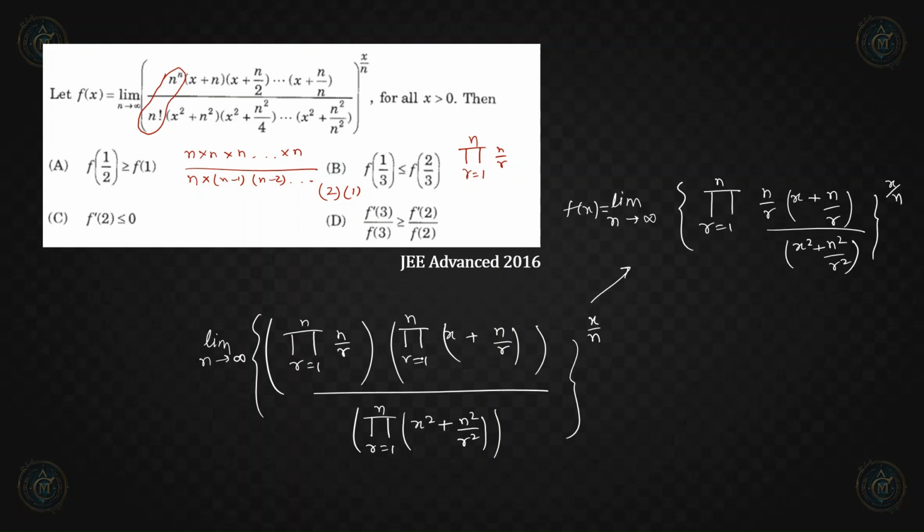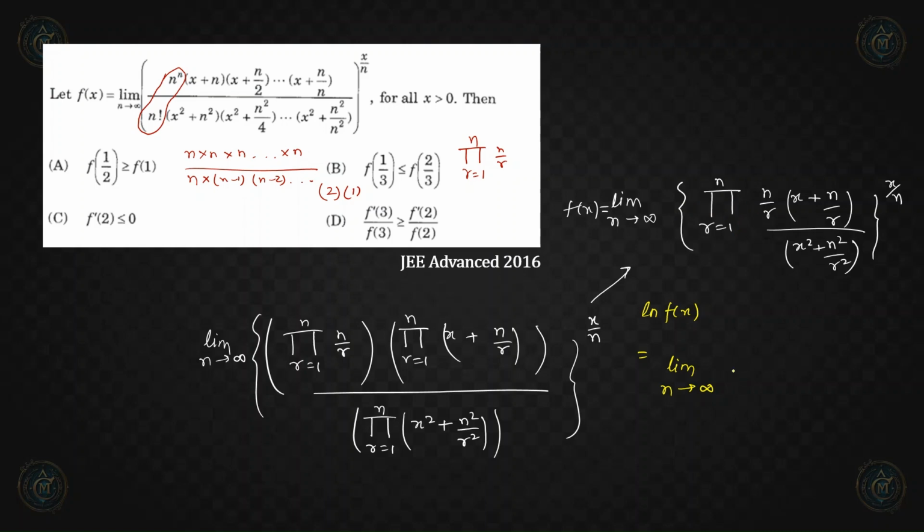So the next step will obviously be taking log on both sides. So we can write log of f of x equal to limit n tending to infinity. Then we can take log here, so this product will be converted into sigma.